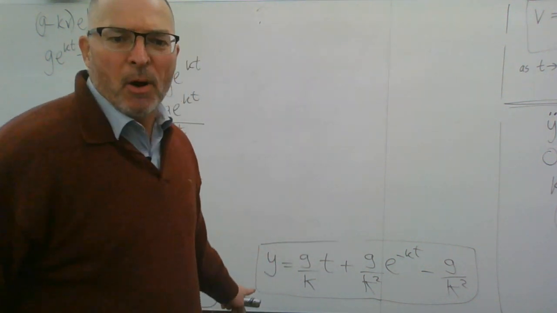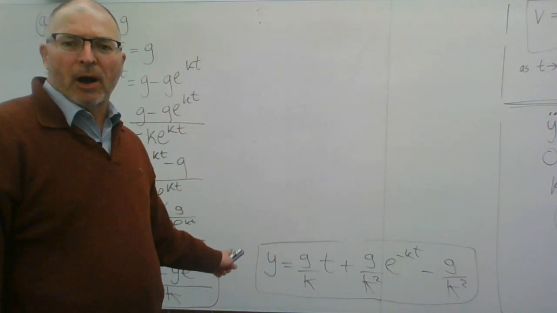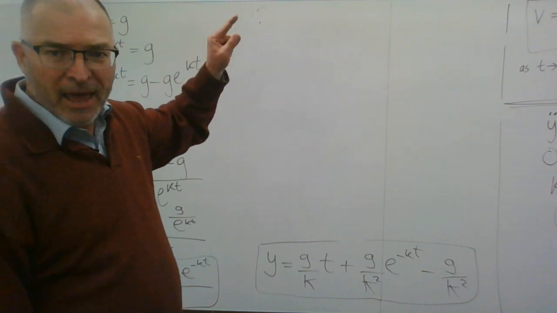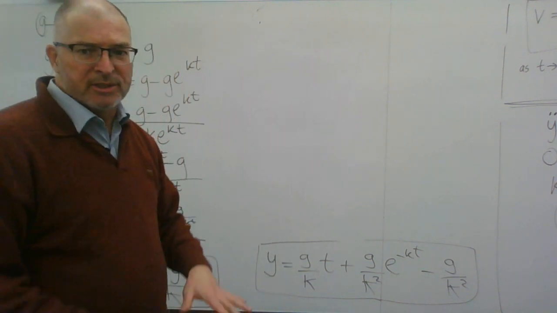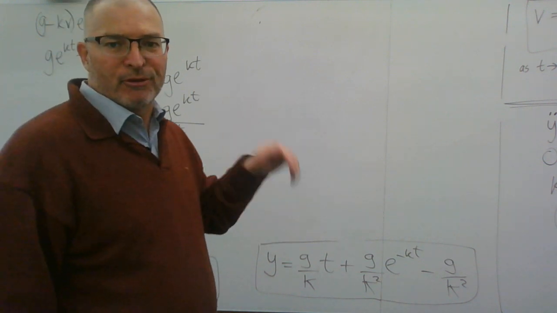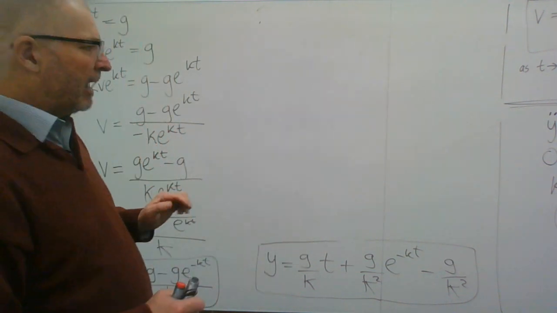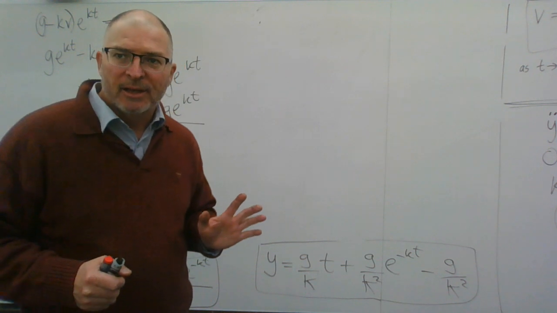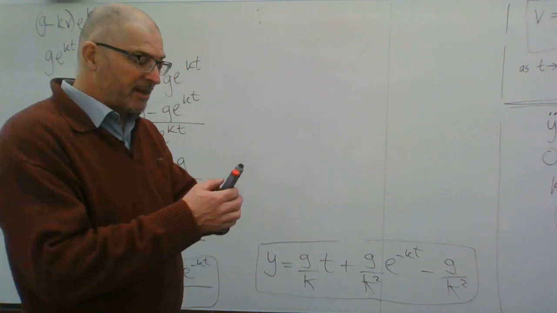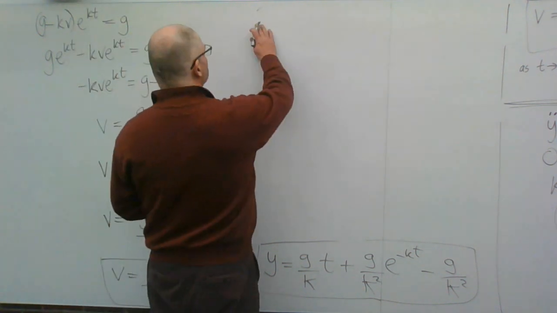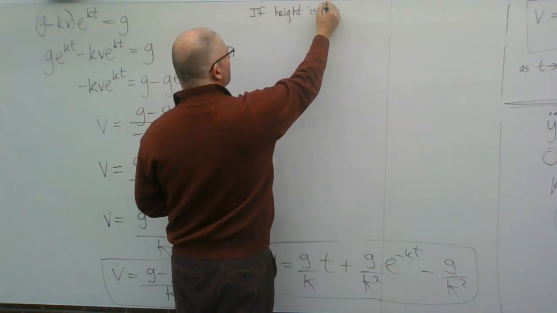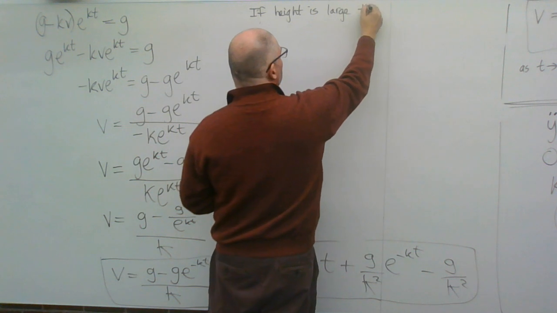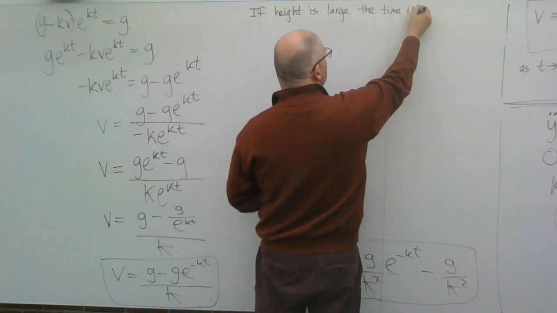So here's my equation for the height, remembering that up there it's 0 at the start and it falls down to something massive, maybe hundreds of meters down. If the height is large, then of course the time is large.